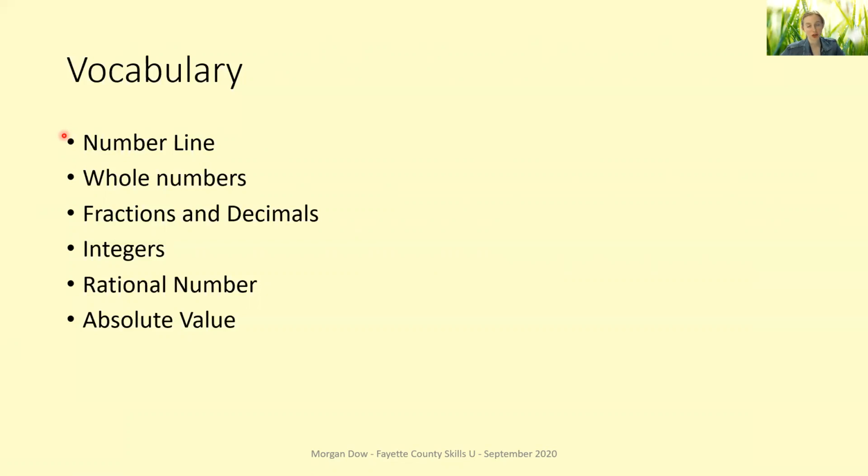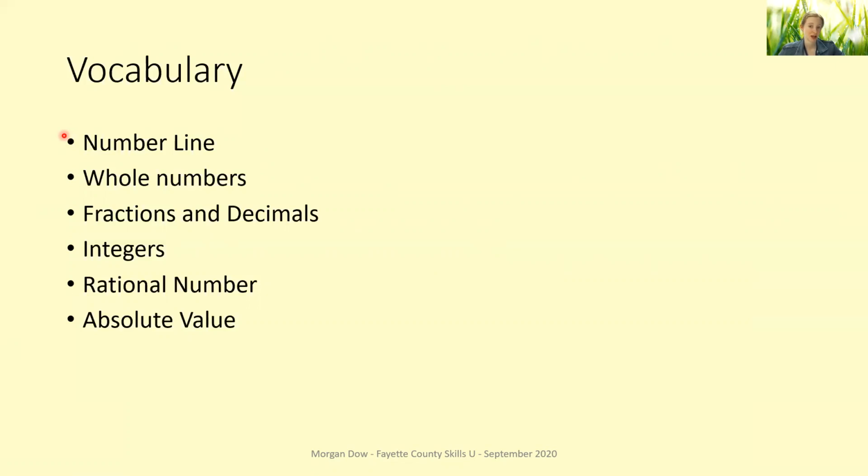Now, we talked about integers back in Unit 1. Integers are all whole numbers, including negative whole numbers. So 1, 2, 3, 4, 5, those are integers, but also 0, -1, -2, -3, -20, and so on. So all whole numbers, including positives and negatives.